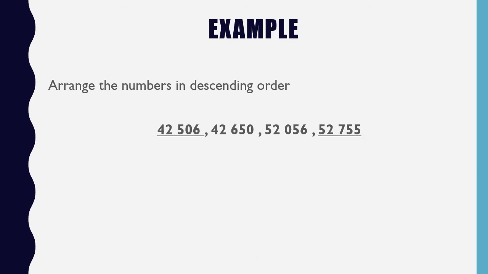Let's have a look at an example for descending order. Arrange the numbers in descending order. As you can see, we have identified the smallest and the largest numbers. 42,506 is the smallest number out of these four numbers, and 52,755 is the largest number.